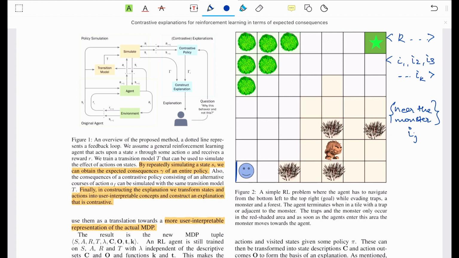And then we can train a binary classifier for each of these concepts, such that given a state, I will know exactly what concepts are true and what concepts are false. And in this way, we can sort of get a user interpretable state space where the state is represented by a list of concepts that are true in that state.